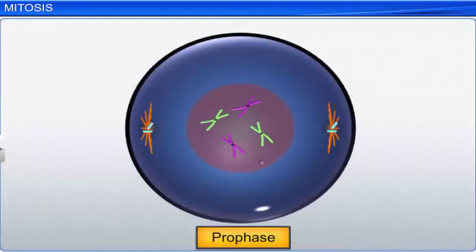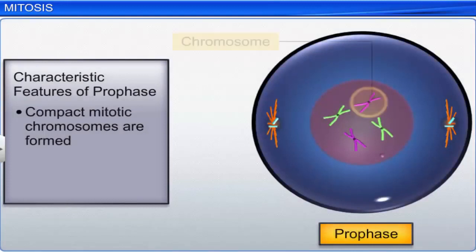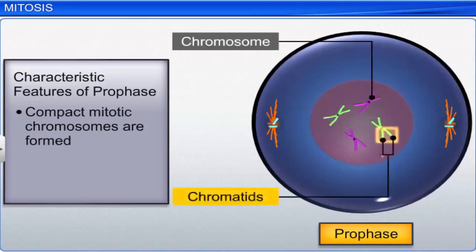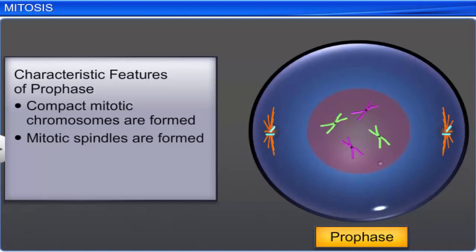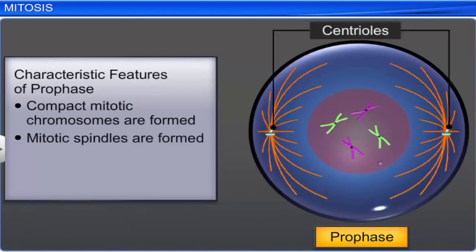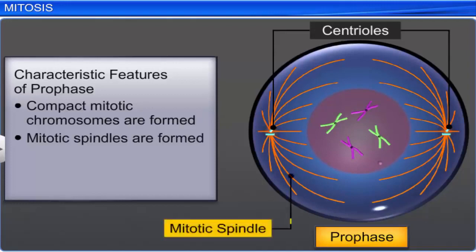Compact mitotic chromosomes are formed due to the condensation of chromosomal material, and each chromosome is made up of 2 chromatids attached together at the centromere. Moreover, the centrioles that had moved to the opposite ends of the cell initiate the formation of the mitotic spindles with the help of the microtubules and the proteinaceous constituents of the cell cytoplasm.